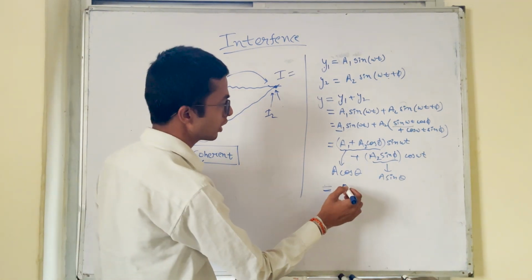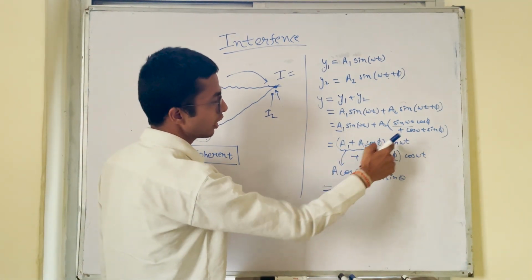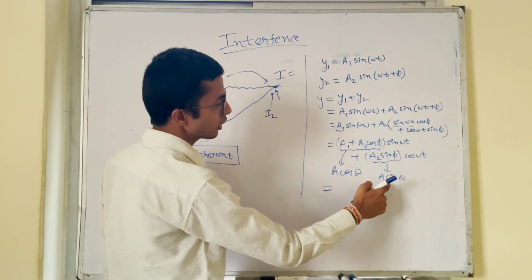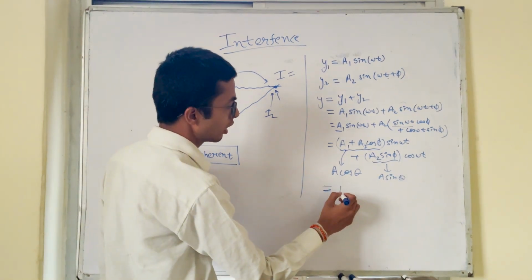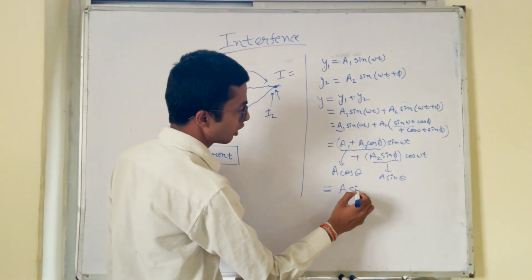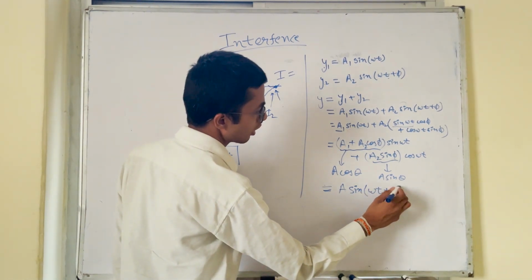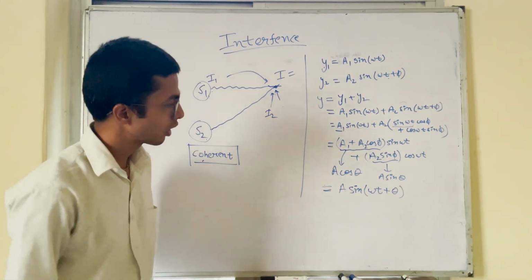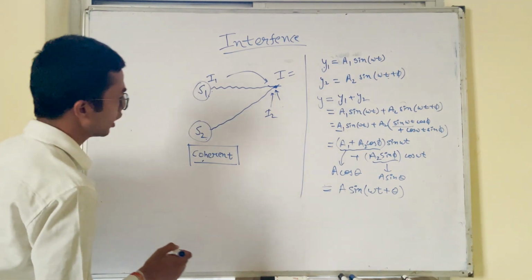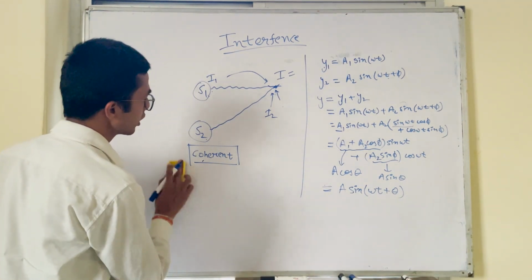This is like sin A cos B plus cos A sin B, so it becomes A sin omega t plus theta.